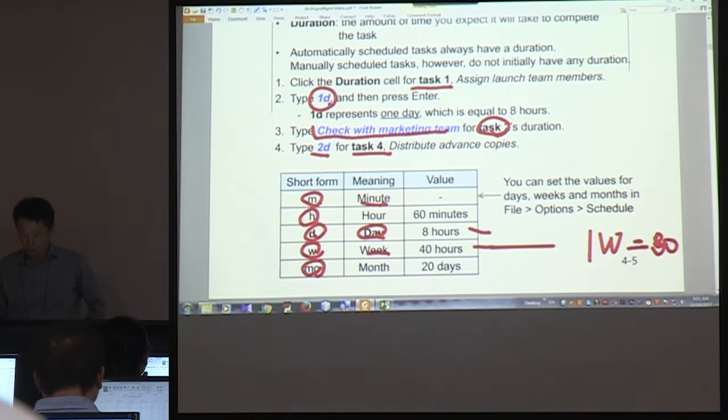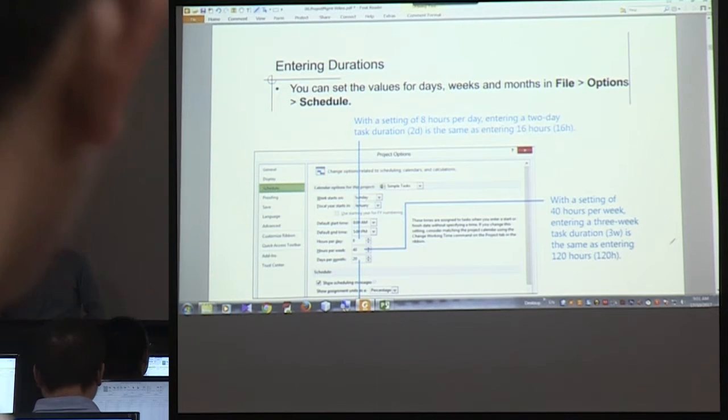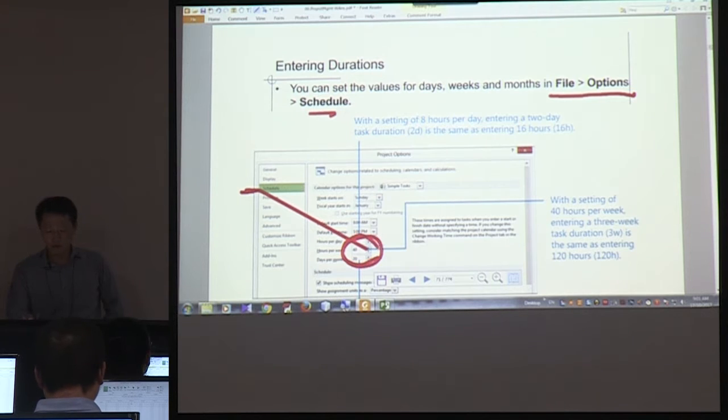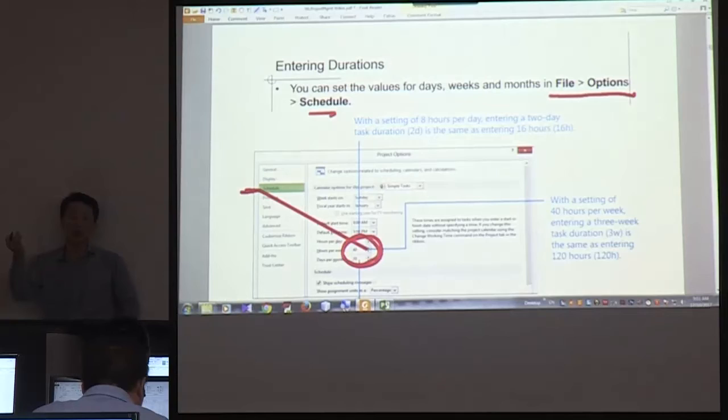And also, if you go to File, Options, and the Schedule tab, you can change those values for day, week, month.